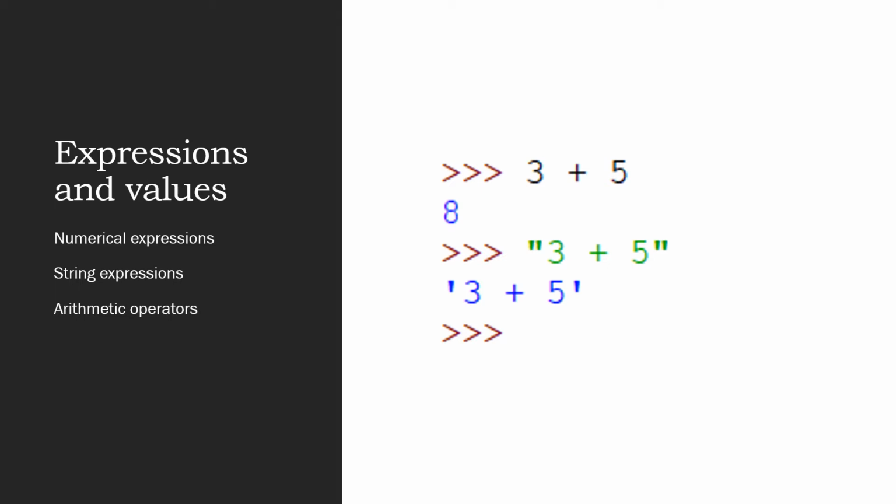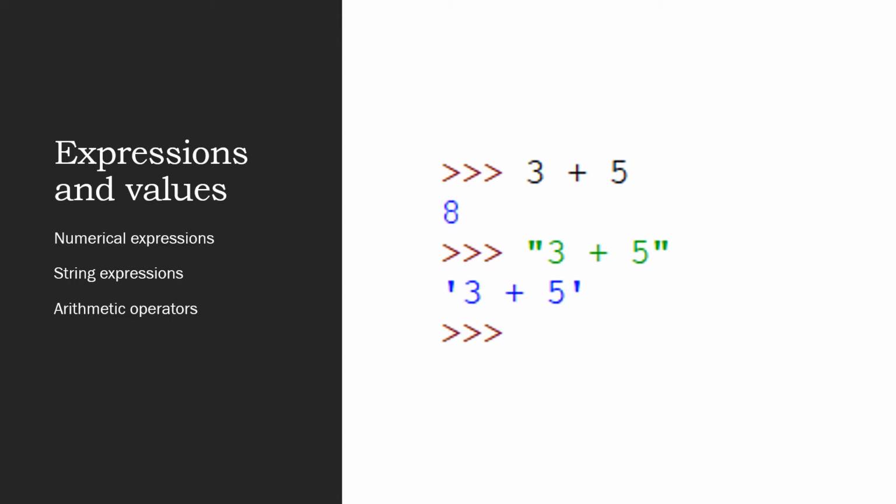So we can see here in the image, the numerical expression 3 plus 5 is evaluated by the computer as the value 8, whereas the string 3 plus 5 is evaluated as a string of 3 characters.